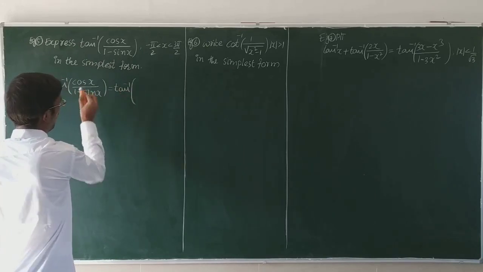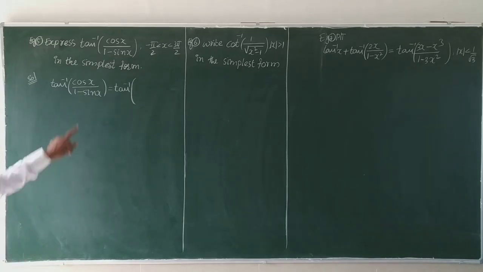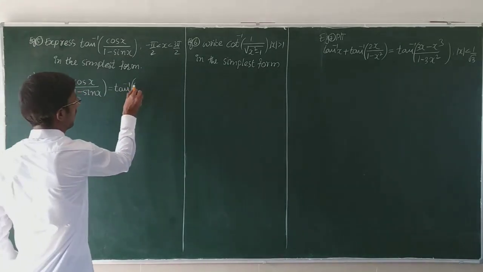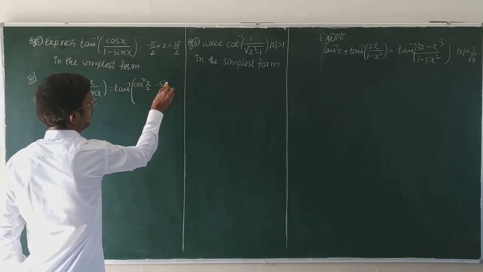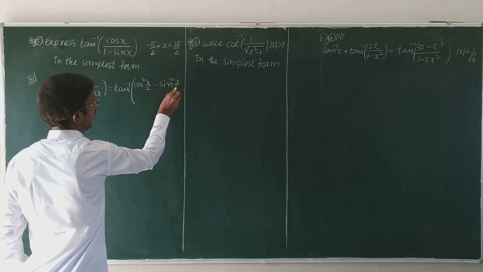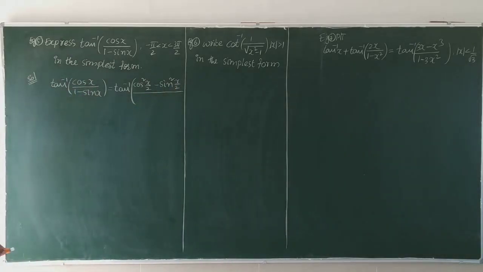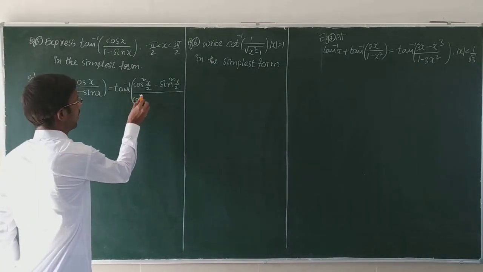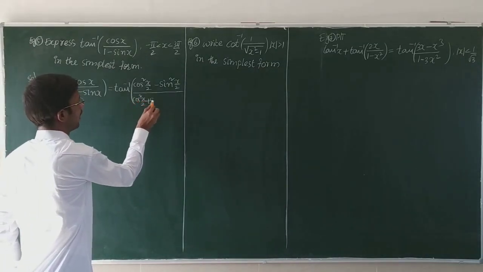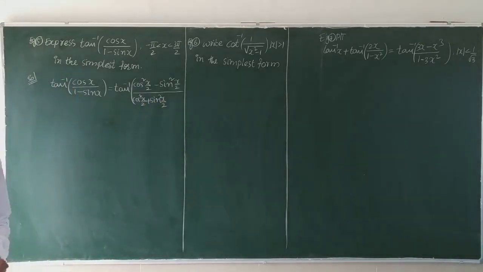This I'll write as tan inverse of cos 2x formula, cos square x minus sin square x. But here cos x is there, so we can write cos square x by 2 minus sin square x by 2, divided by 1. Trigonometric first identity I will use here: cos square x by 2 plus sin square x by 2 is equal to 1.